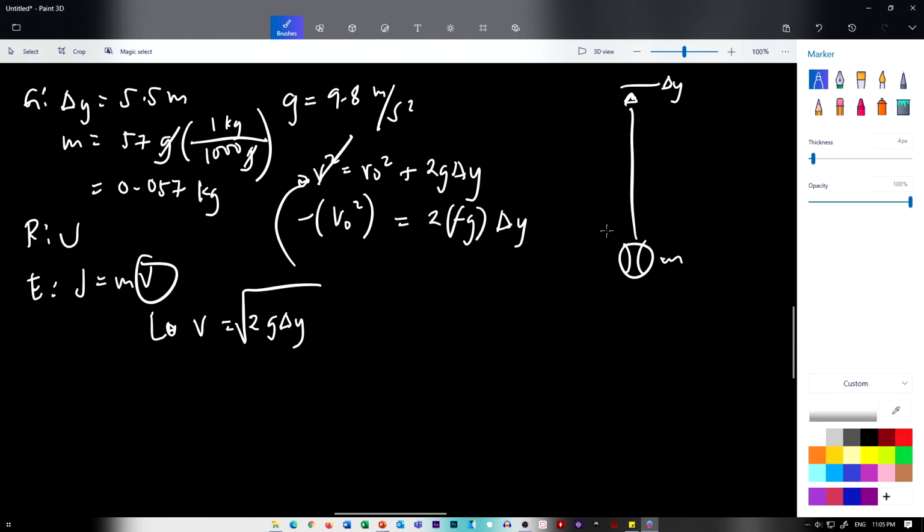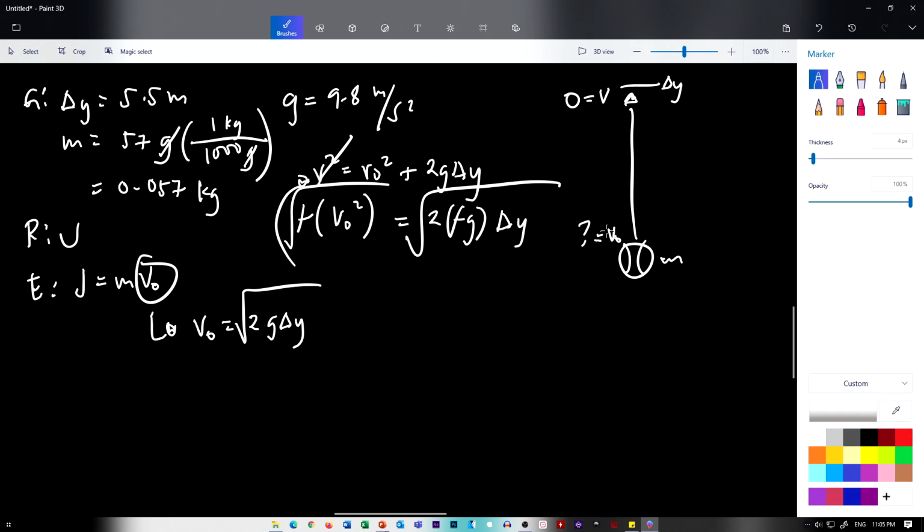You can cancel the negative, but it will still be the same. After canceling, you can look for the square root. Okay? So in this case, it will be the initial velocity that we're going to utilize. Because of course, reaching the maximum height, our v here is 0. Correct? So we have the velocity on this side. That's the case. So we have a certain value, which is what we're going to obtain.